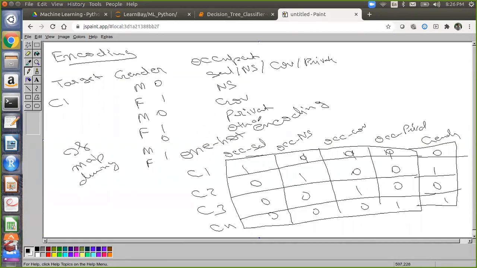Suppose others. For example, others. So here it will come occupation is equal to others, and this will become now 1. All remaining will be 0. There is no need for another one actually because all 4 zeros encode for that others. Whenever any person or customer comes, he will be having one of the values available: salaried, non-salaried, private, or government, right?